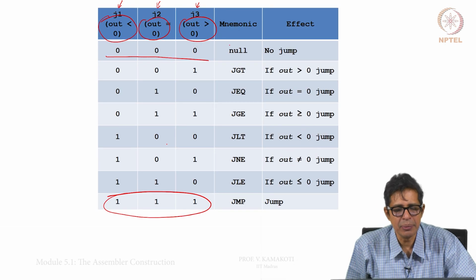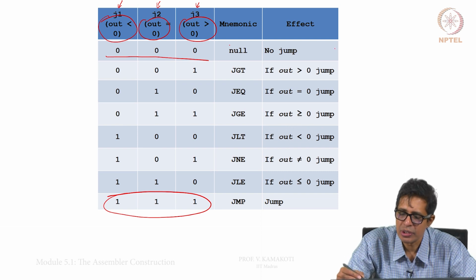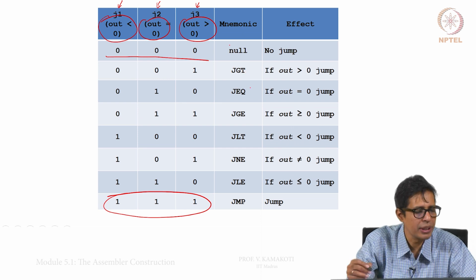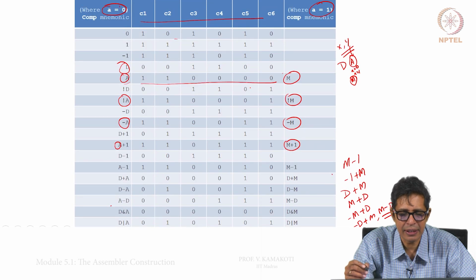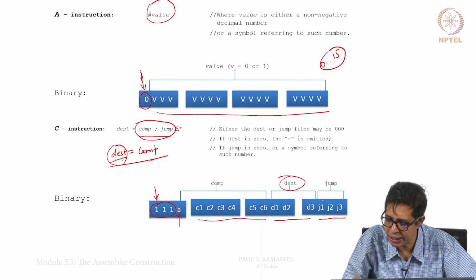And similarly, the jump is very straightforward. If I have null, then I have to put 0. If I have JGT, JEQ, JGE, these are all the mnemonics, and based on that I can fill up this J1, J2, J3 part.